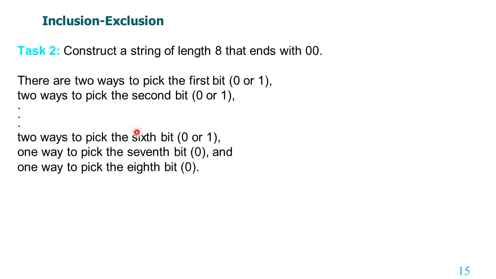So the first 6 bits can each be 0 or 1, giving 2 to the power 6 choices, and the last 2 bits have only one choice each, 1 times 1. Using the product rule, task 2 can be done in 2 to the power 6, that is 64 ways.